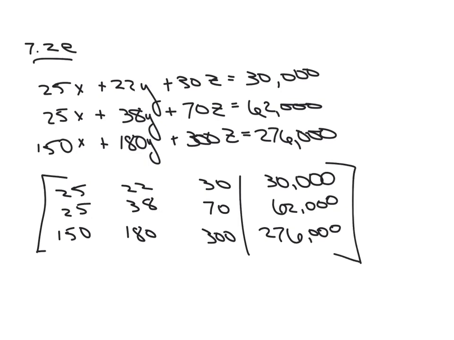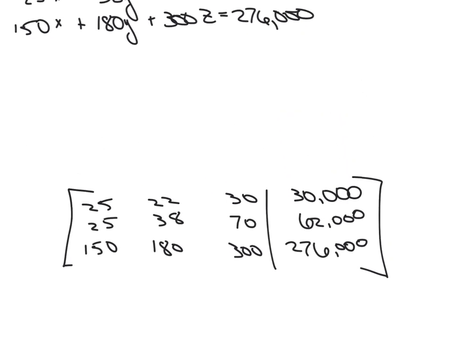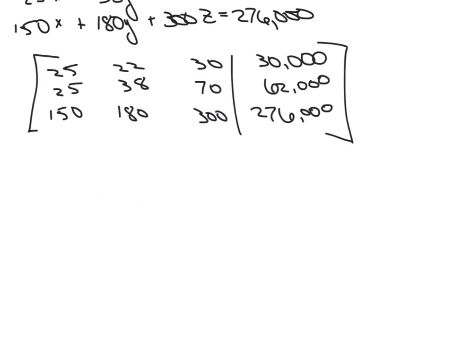Okay, so there is my matrix. And the book used the Gauss-Jordan method in order to solve this, which again means that our diagonals are going to be 1, and these are going to turn into zeros, and these 3 will turn into zeros.